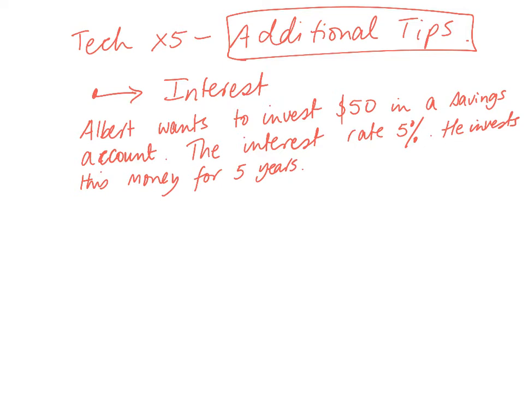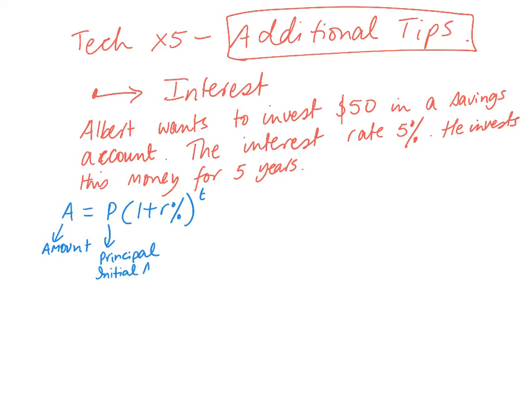So we already know that there's a formula, right? So this is the amount. This is the initial amount or the principal. This is the rate percent that they give you, and this is the time in years.